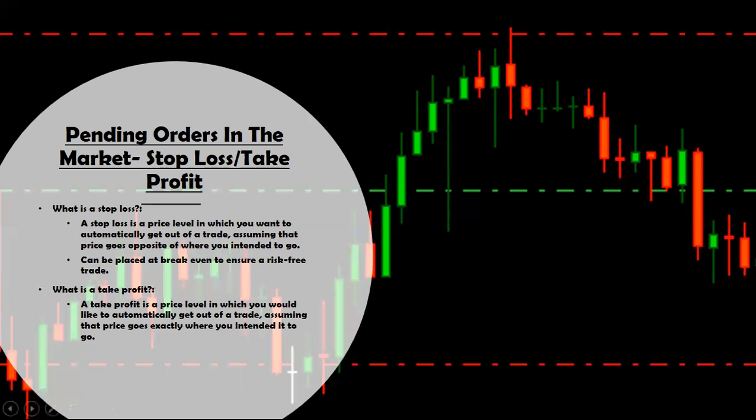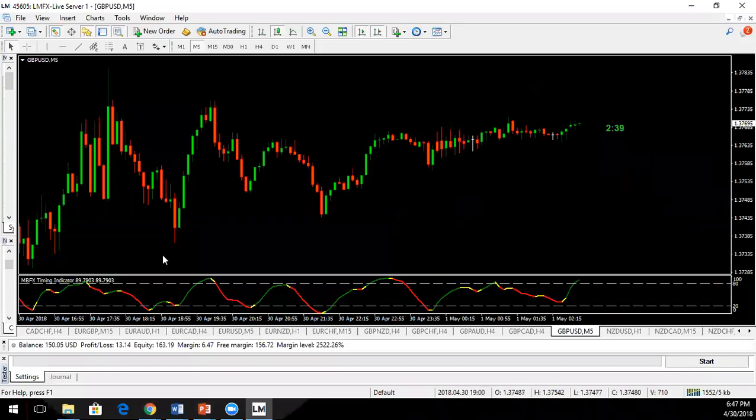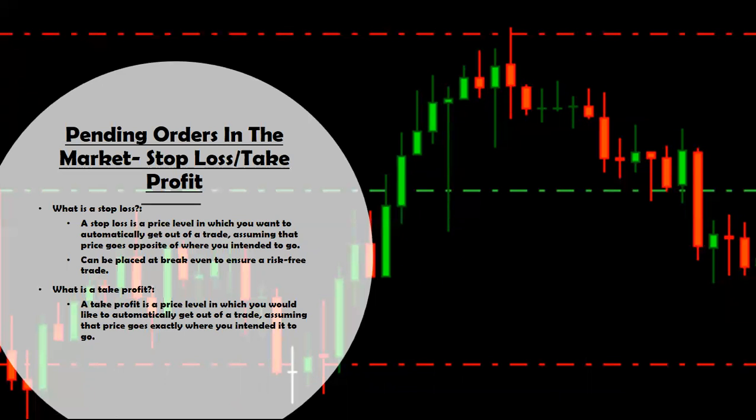Let's see if I can pull out an example in the market. Actually, let me pull up an example for you guys. Gotta use a demo account because I don't want to place any trades that could affect my real account. I don't want you guys to see my personal information too.